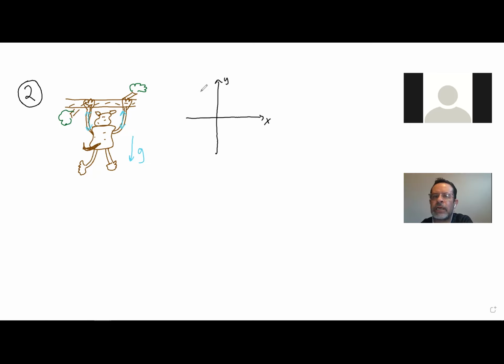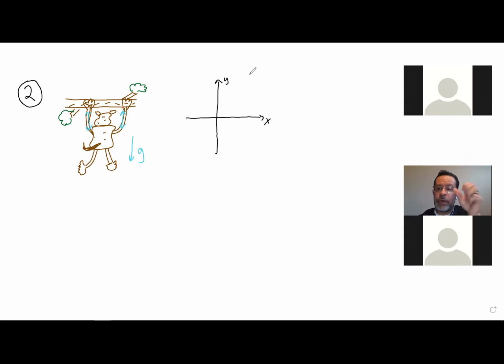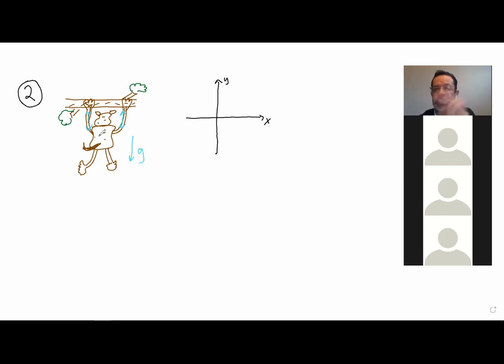So let's see, Juan Ignacio, go ahead. Is it the weight of the monkey? Yes. So Giselle said that one thing that was happening here is that we had gravity. Now the monkey has a certain weight. Now remember concepts here that are very important. The monkey has a mass.